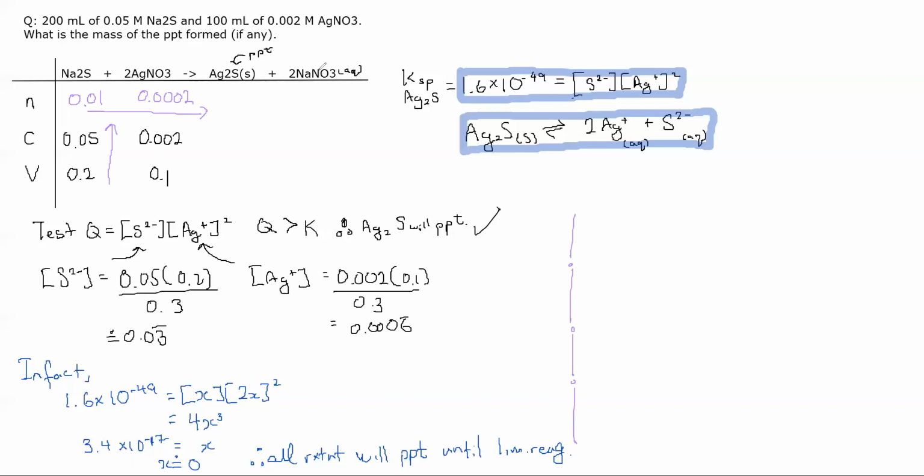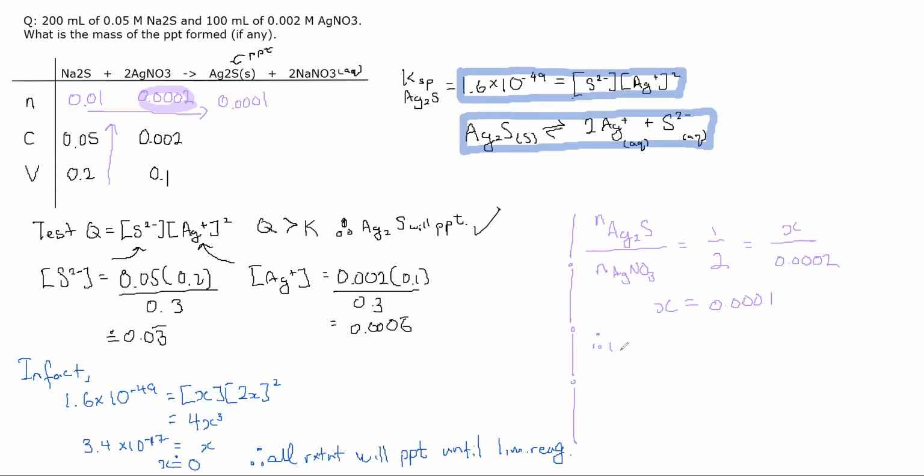The limiting reagent is going to be that number, so I'm going to use that for my mole ratio. The number of moles of silver sulfide to the number of moles of silver nitrate is 1 to 2, which means how many moles to 0.0002? X is going to be 0.0001. So how many moles is that? Sorry, how many grams is that?